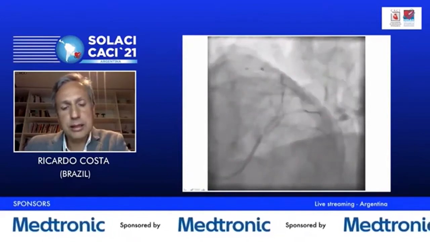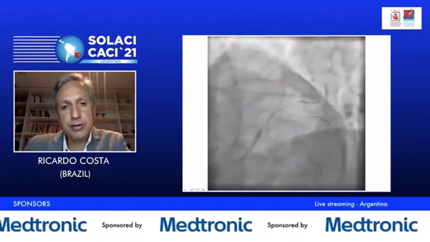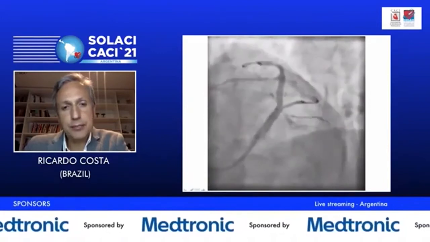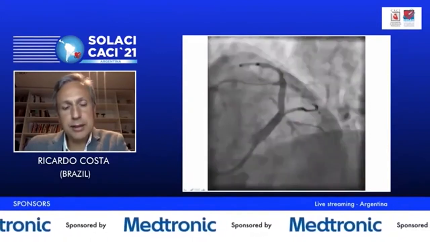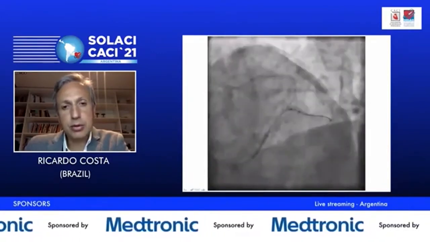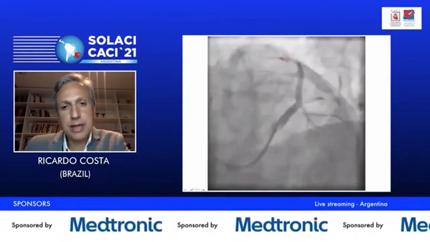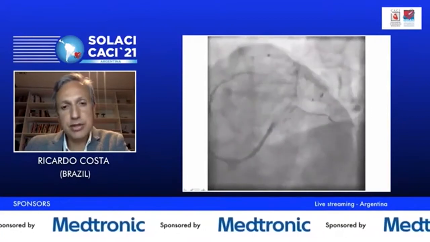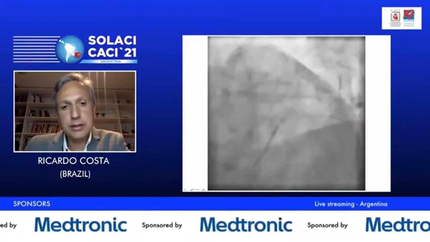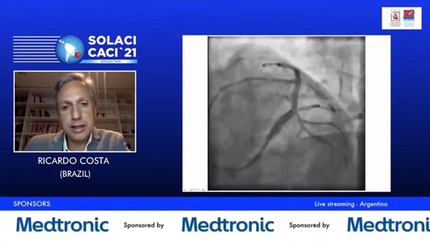And this is the final result in the LAD. The circumflex involvement and the intermediate branch ostium involvement. You see that there's an improvement. We're using 6 French here.